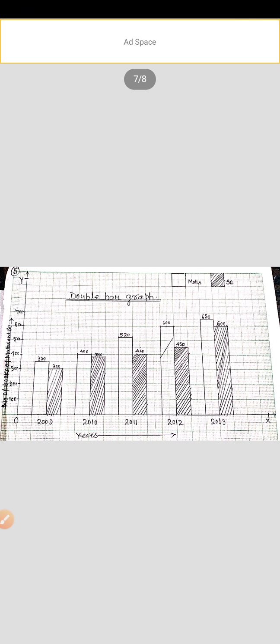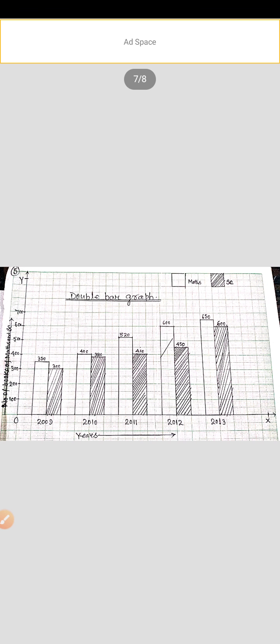The side of one square is divided into 10 small equal parts, that is 10 mm. So 2 mm represents 20 units.